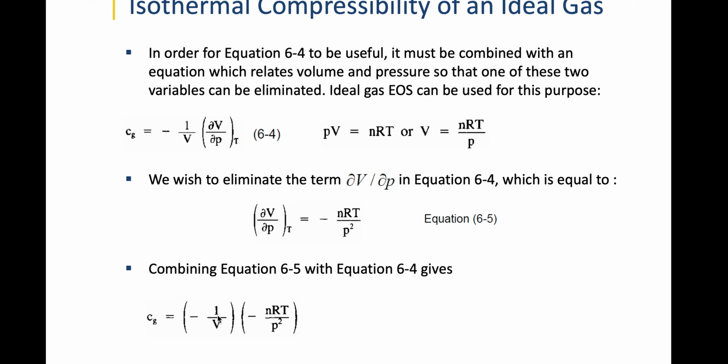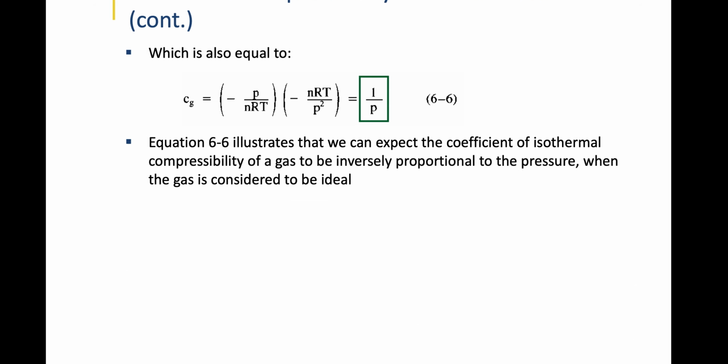So again, V is nRT over P, and dV over dP is minus nRT over P squared. If I plug that in, nRT goes with nRT, P goes with P, then I have 1 over P. So in the case of an ideal gas, the isothermal gas compressibility is simply equal to 1 over pressure. So what is the gas compressibility at 1000 psi? That's 1 over 1000 psi if you assume ideal gas.